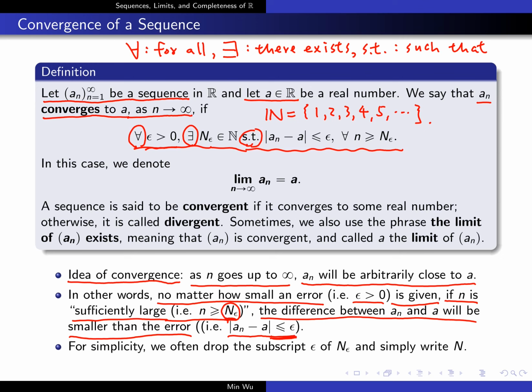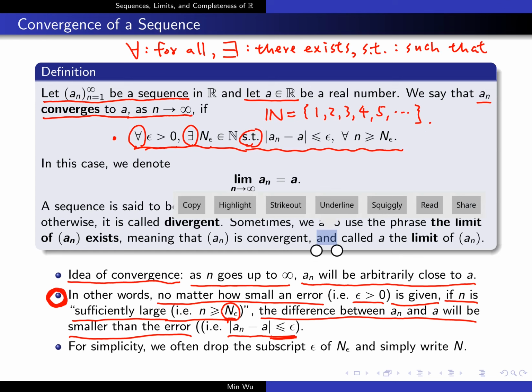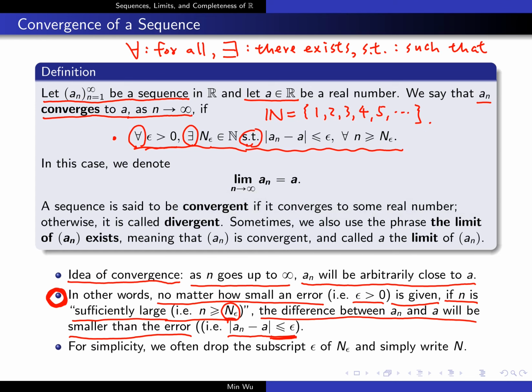So go back to the logical statement here. The logical statement is basically what we wrote in the second bullet point here. For any epsilon greater than 0, which represents the error, we can find a sufficient index such that if the index n is greater than the sufficient index, the distance between a_n and a is less than or equal to the pre-assigned error.